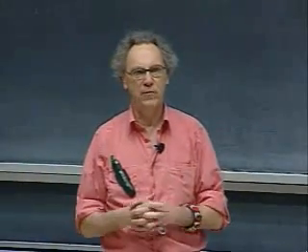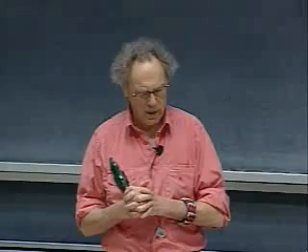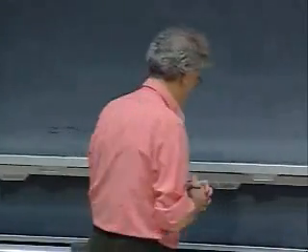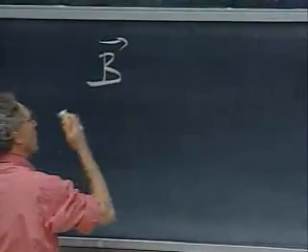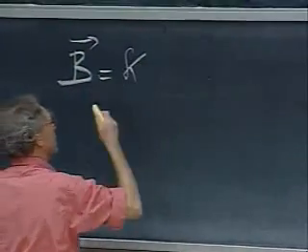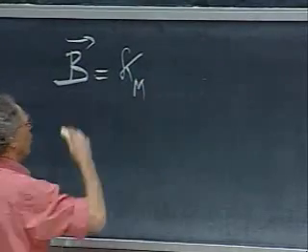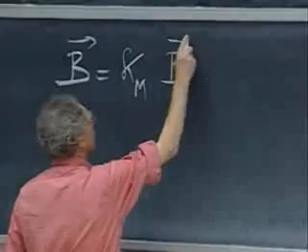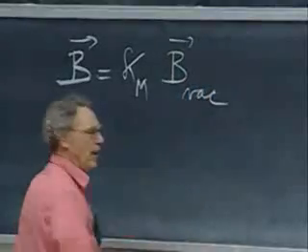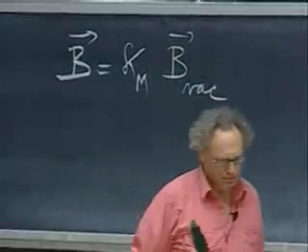When I expose material to an external magnetic field, then we learned last time that the field inside that material is modified. And we express that in terms of an equation: the field inside the material is kappa m, which is called the relative permeability, times the external field, and I will refer to that all the time as the vacuum field.